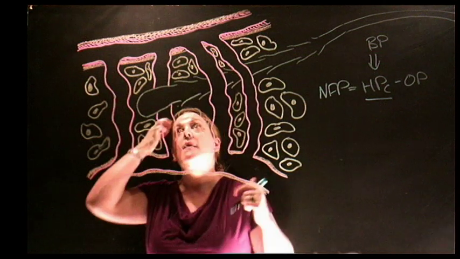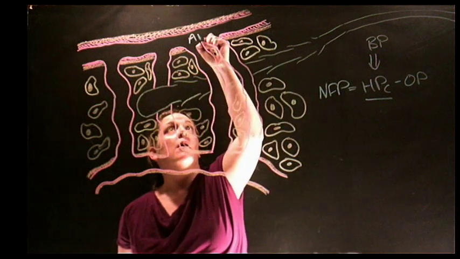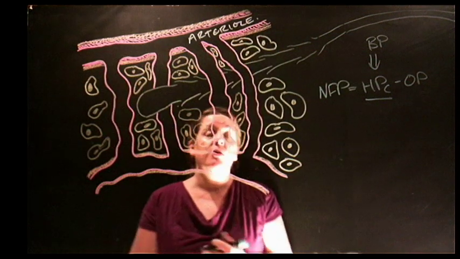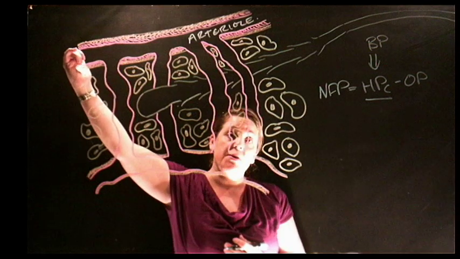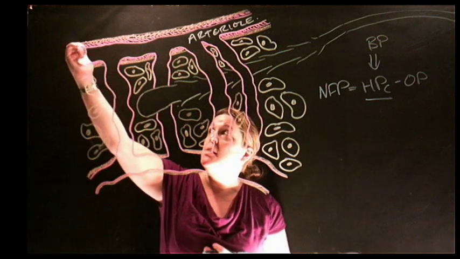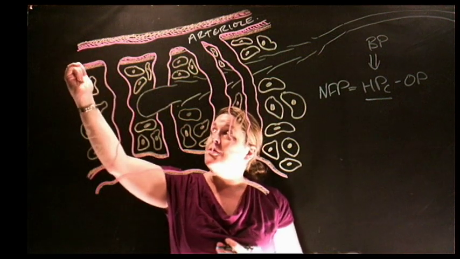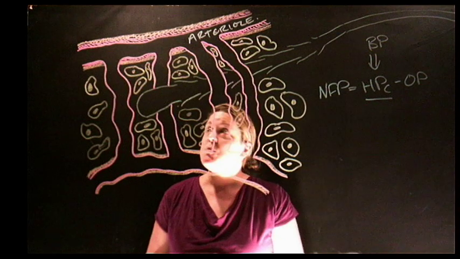So when we look at our schematic, we have our arteriole at the front of the bed. We have a small layer of smooth muscle still in the wall in the tunica media. The tunica externa is serosa, and the tunica interna is our single layer of endothelium.